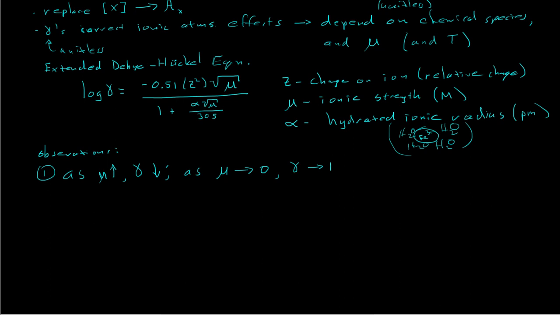So they become equal to 1, in which case all of our activities become identical to just plain old concentrations. So as we increase the ionic strength, these ionic atmosphere effects become more important and our gammas get smaller. And as we make our ionic strengths close to 0, our gammas go to 1.